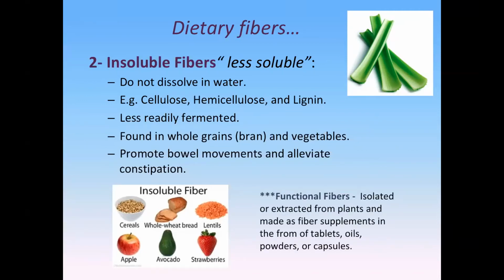We also have something called functional fibers, and these fibers are isolated or extracted from plants and made as fiber supplements. You can find them also in pharmacies in the form of tablets, oils, powders, or capsules. And these are a very good prescription for patients who are suffering from constipation.